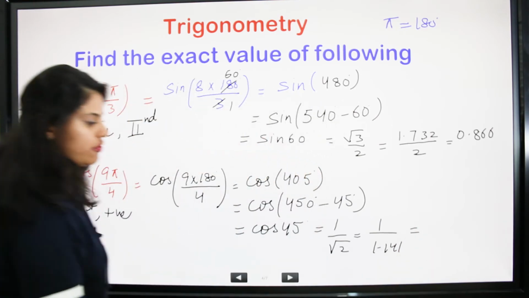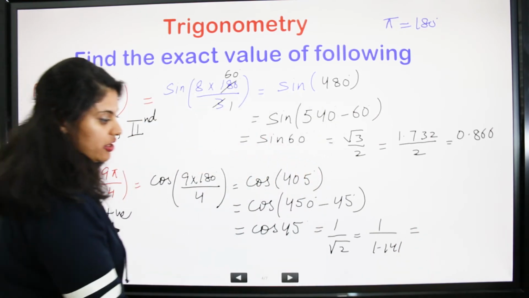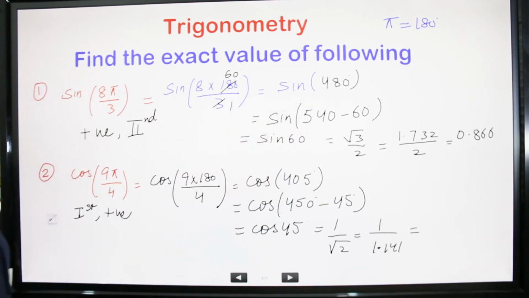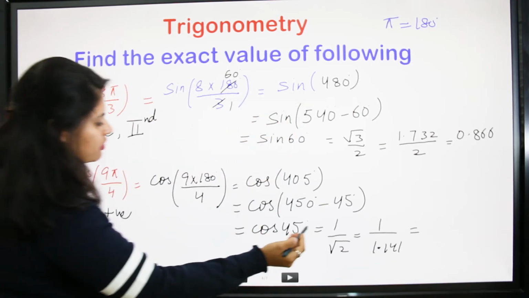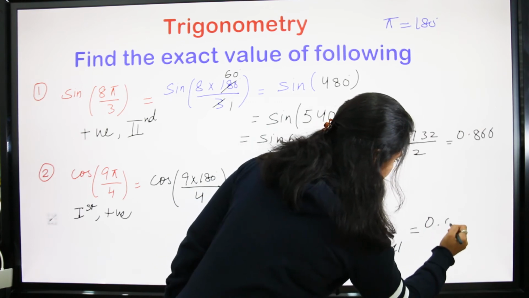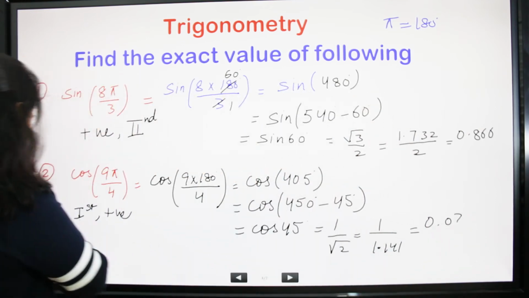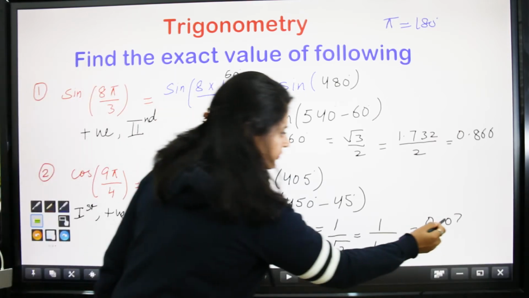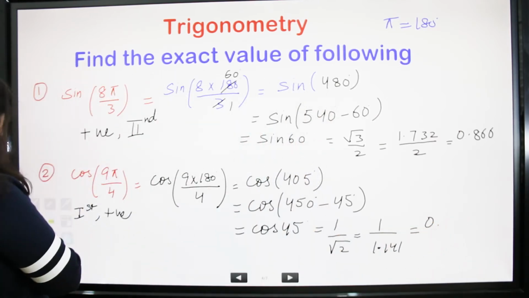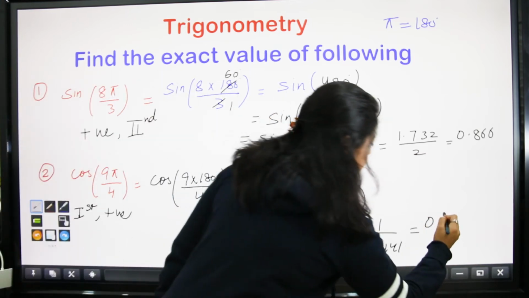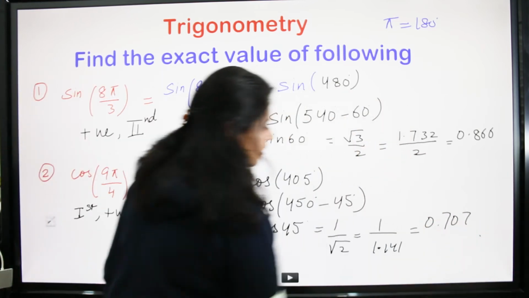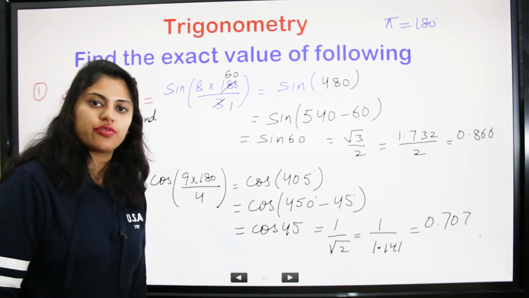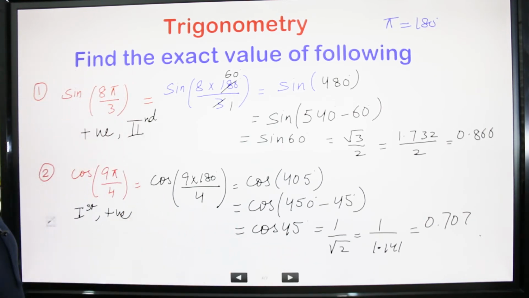If you divide 1 over root 2 with the help of the calculator, the value will come out to be 0.707. Okay, so this is the value which you will get, or if you leave the answer as 1 over root 2, that will be the exact value as well.